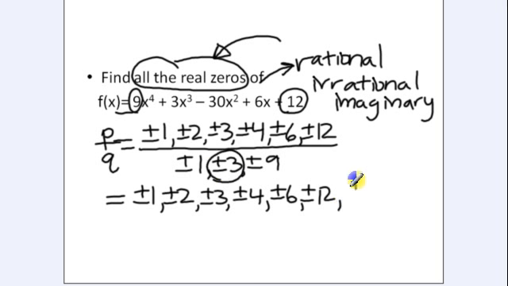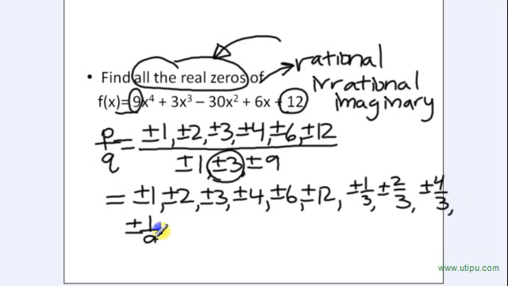So that will give me 1/3, 2/3, 3/3 is 1, I already have that listed. Then I have 4/3. 6/3 is 2, I already have it listed. 12/3 is 4, I have that listed as well. So now I need to go through and divide by 9. And I have then positive and negative 1/9, positive and negative 2/9.